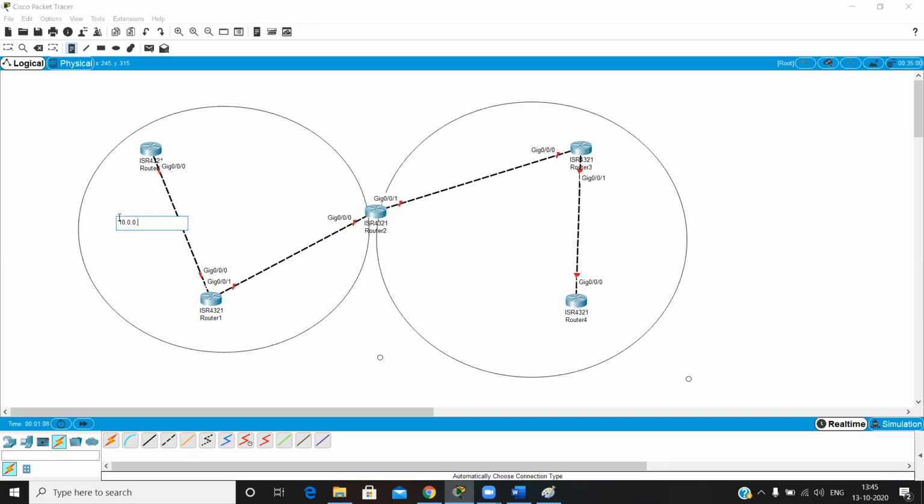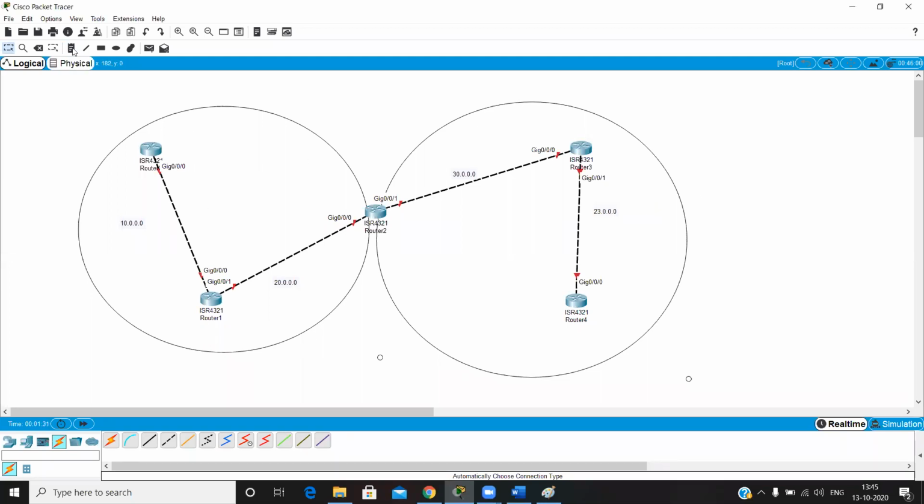Here we have the 10 network, 20, 30, and here we have the 23 network.